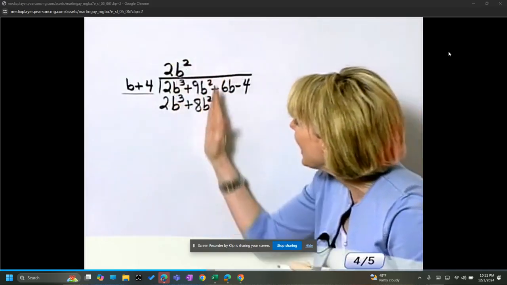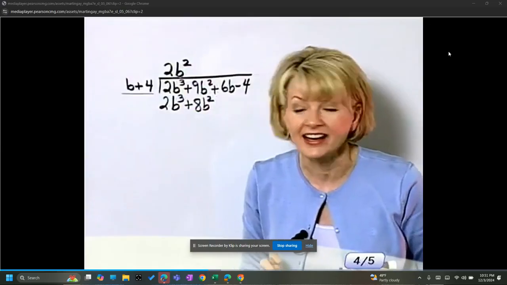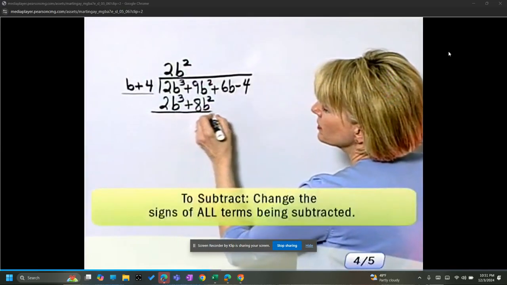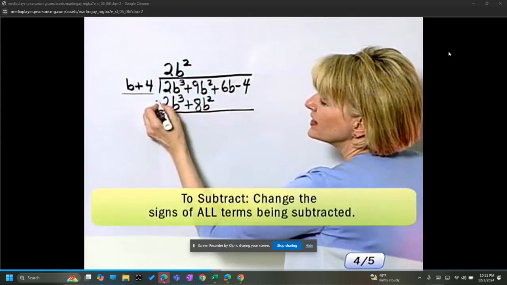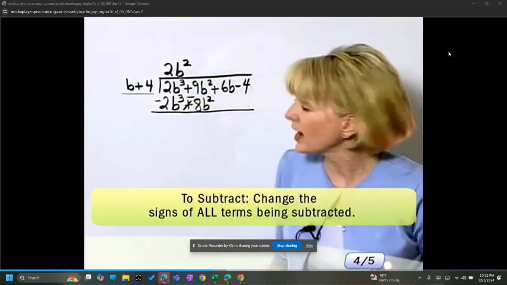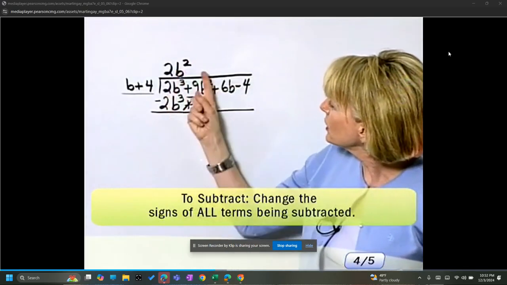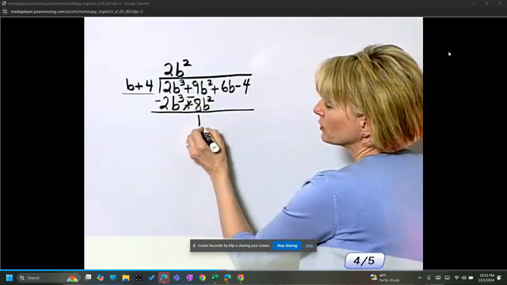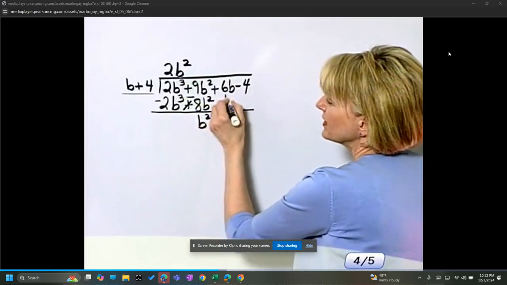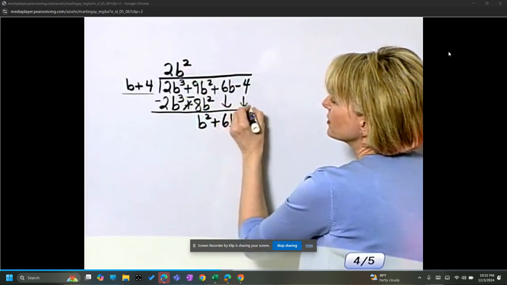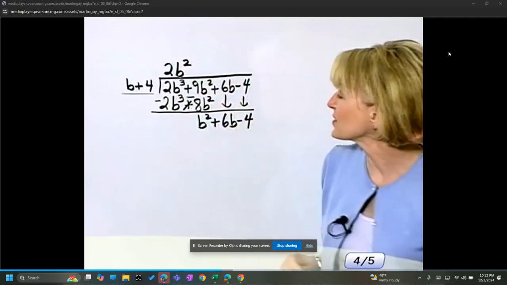And notice our like terms are naturally lining up, and they will when there's no missing powers. I'll draw my line, then I'll change the signs here because I'm subtracting. Here I have 0. 9b squared minus 8b squared is 1b squared, or simply b squared.